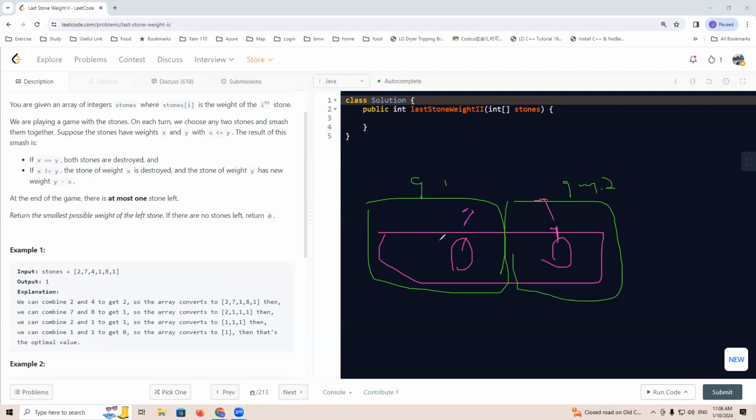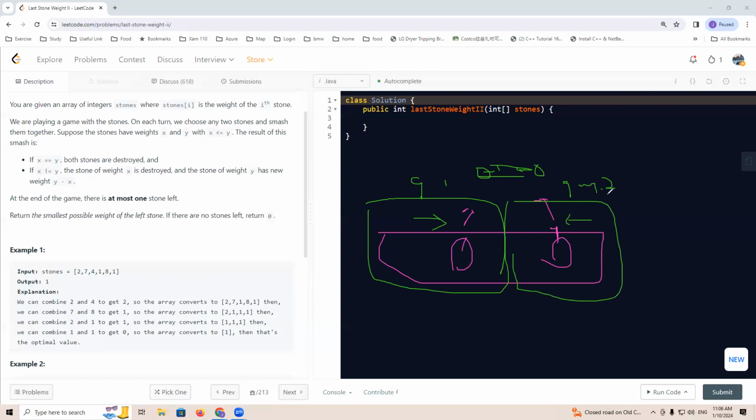So we can consider that group 1 has a direction to the right, and group 2 has a direction to the left, instead of having a direction one by one. Then we split the stones into two groups and try to minimize the difference between the two groups.